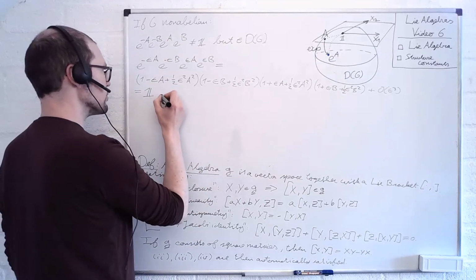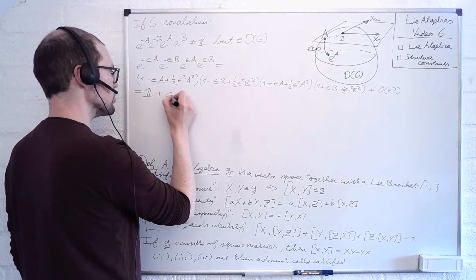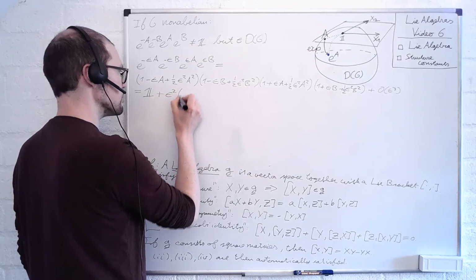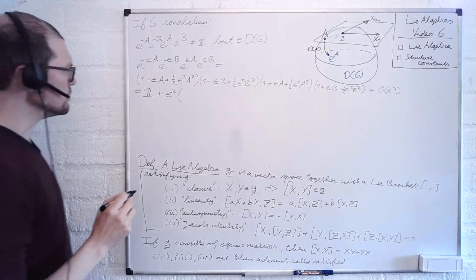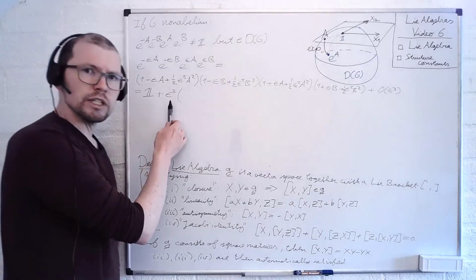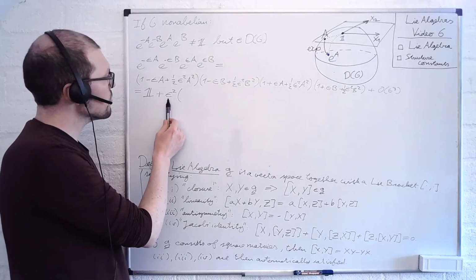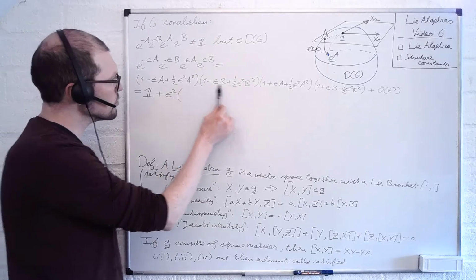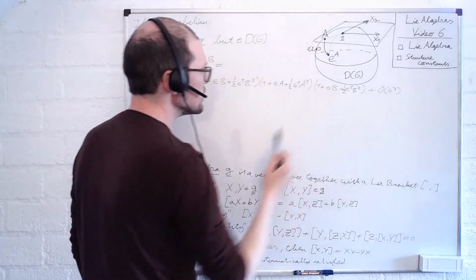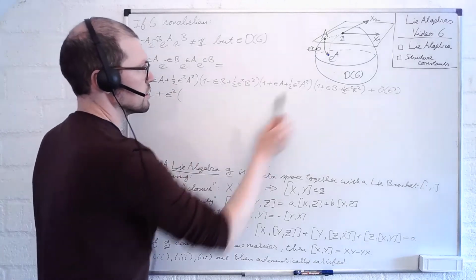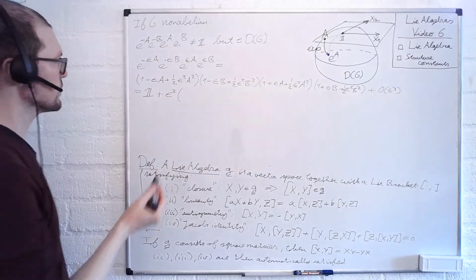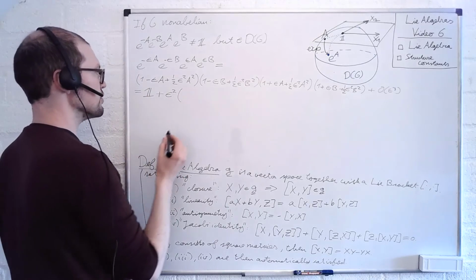The first non-trivial term is going to be something proportional to epsilon squared. So let's collect all these terms. The epsilon squared terms can come from the epsilon squared terms in these parentheses, or the cross terms of the linear terms. So let's collect the quadratic pieces first.